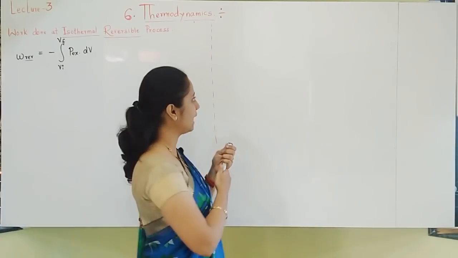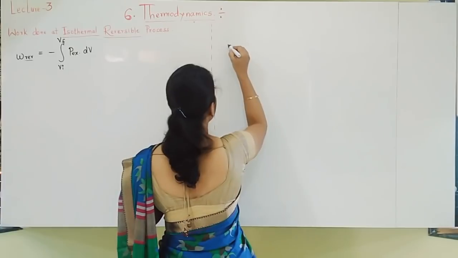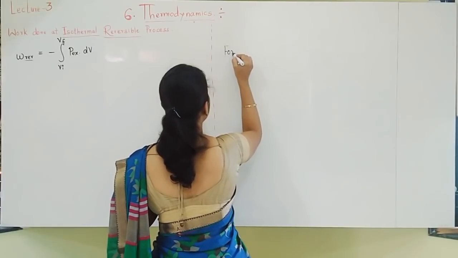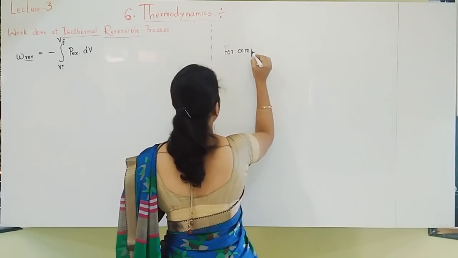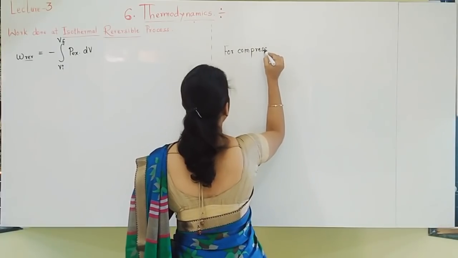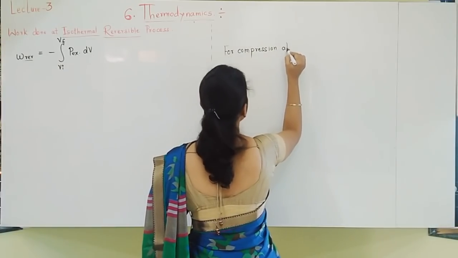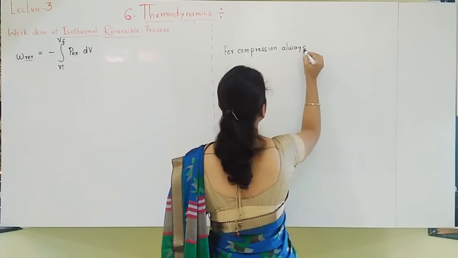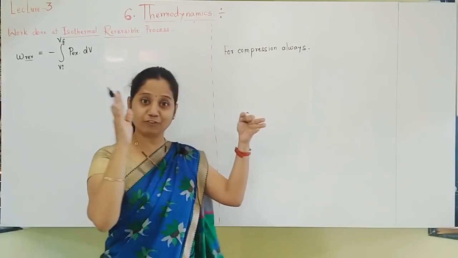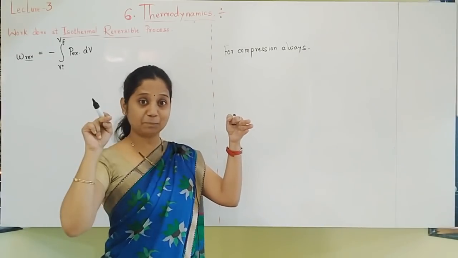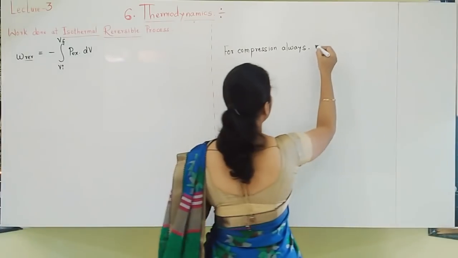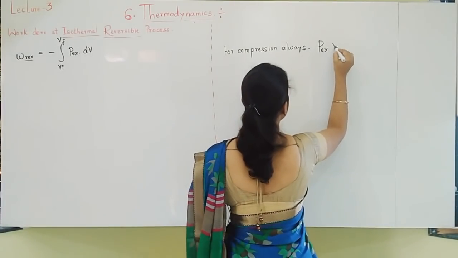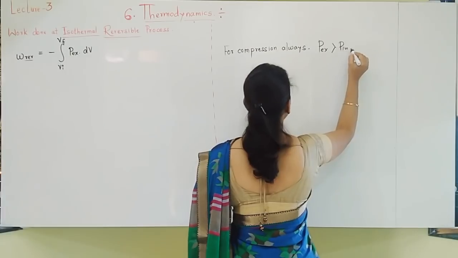So always remember that for compression, when compression takes place, external pressure should be higher. So P external is greater than P internal.